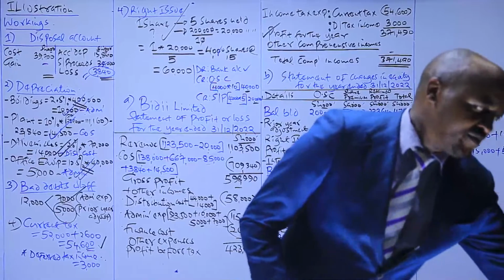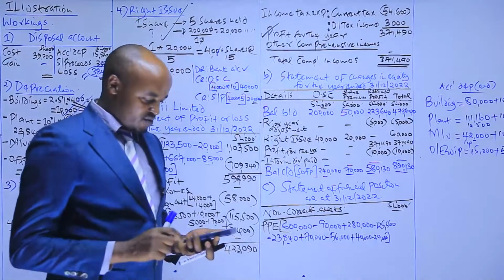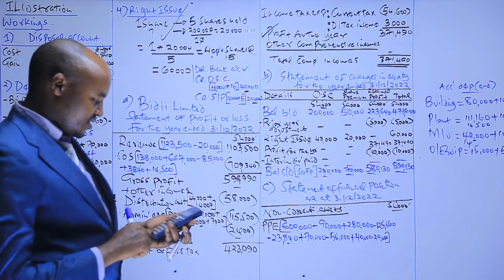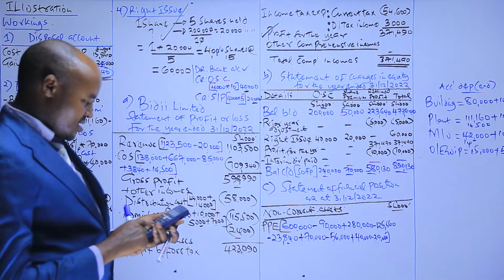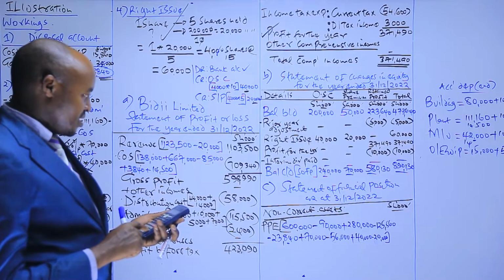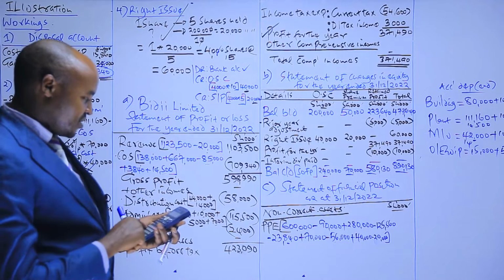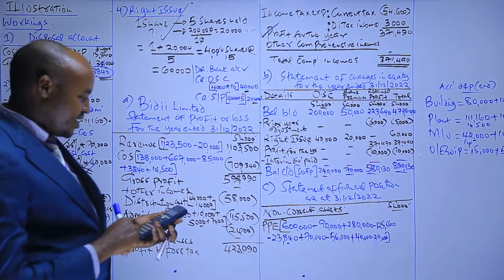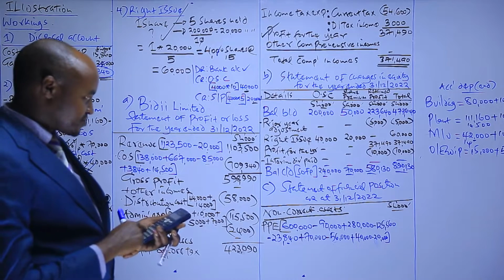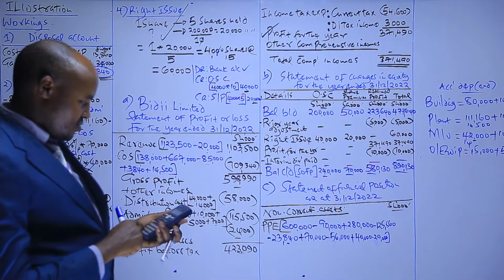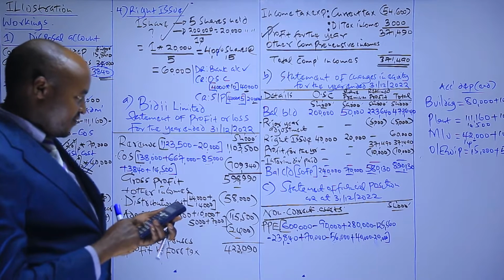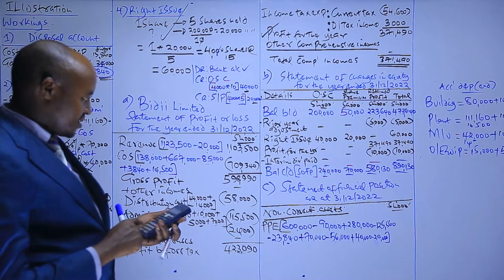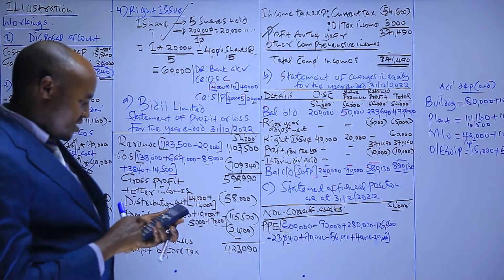Remember, property, plant and equipment here includes all tangible non-current assets. So let's work that out. We have 600,000 minus 90,000 plus 280,000 minus 125,560 minus 23,840.